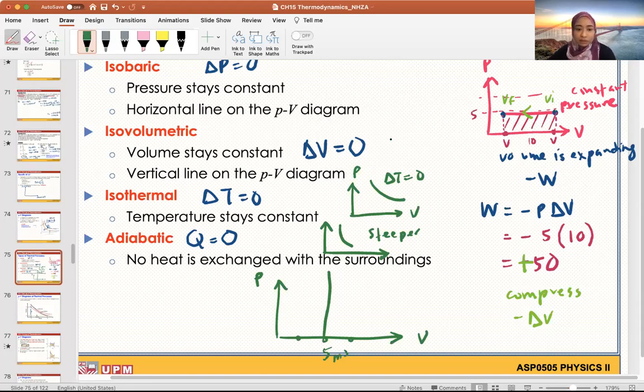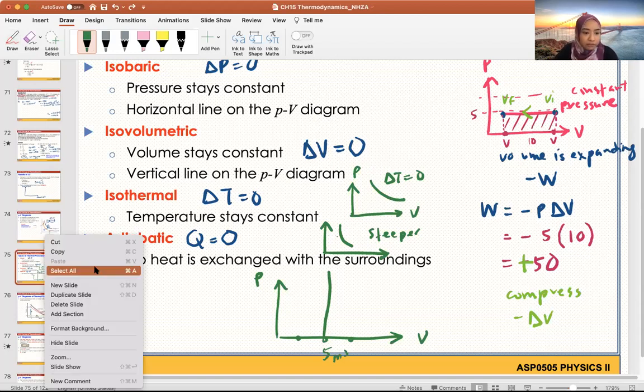So the changes happen quickly. So adiabatic will have a steeper graph than an isothermal. Even though both are curves, not straight lines, adiabatic must be steeper than an isothermal. Usually it's like that. Okay, so now let's write this in a table to make sense of things.